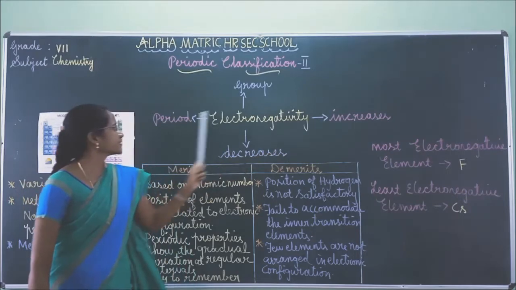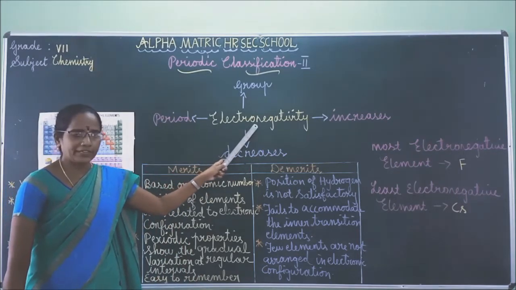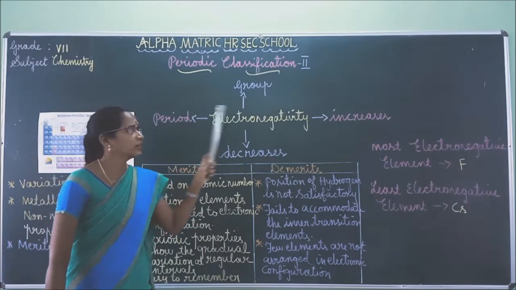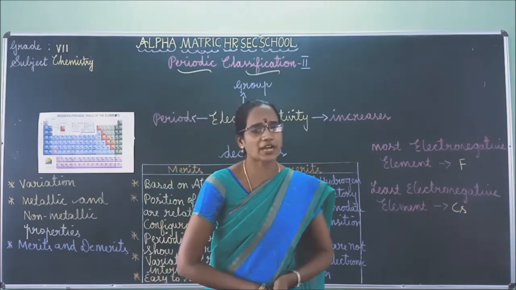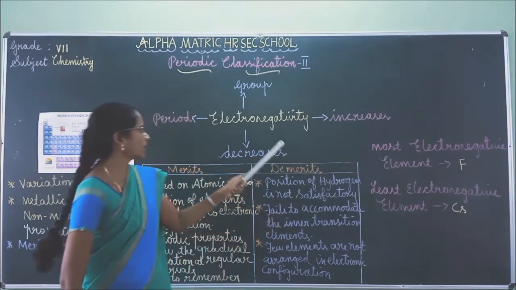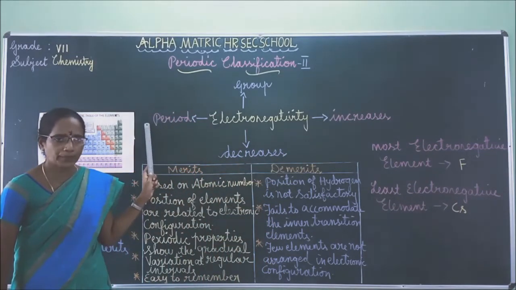Electronegativity increases along the period because of the increase of nuclear charge. Nuclear charge increases, that is why electronegativity also increases along the period.